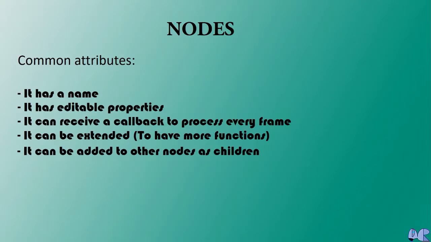Common attributes. It has a name. It has editable properties. It can receive a script to process every frame. It can be extended to have more functions. It can be added to other nodes as children.